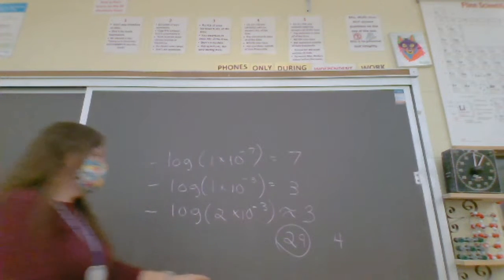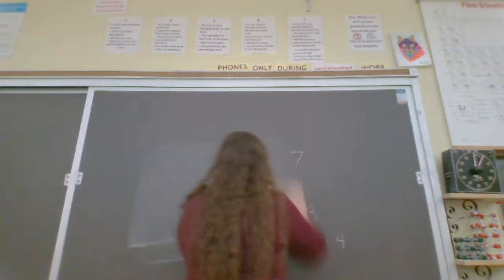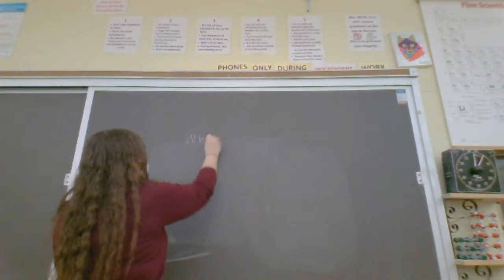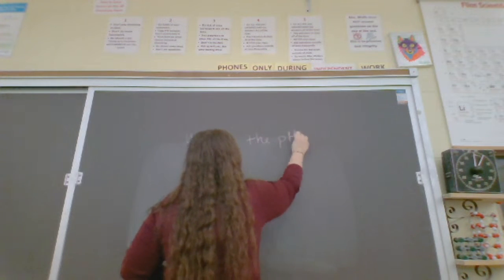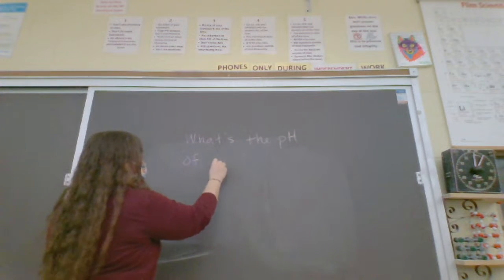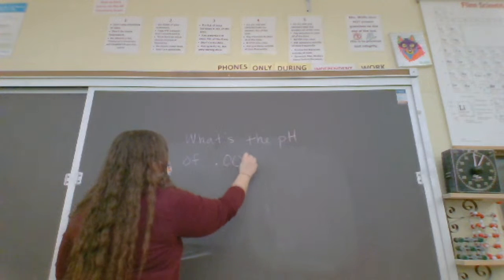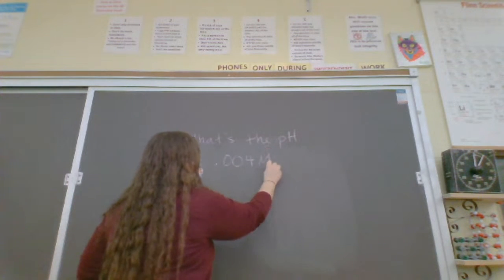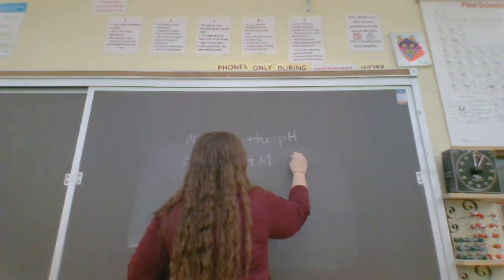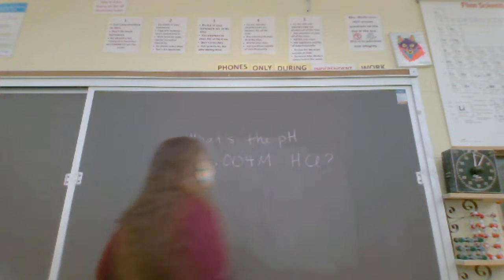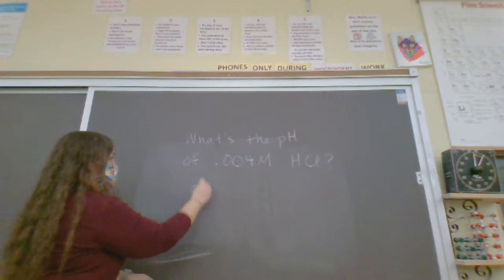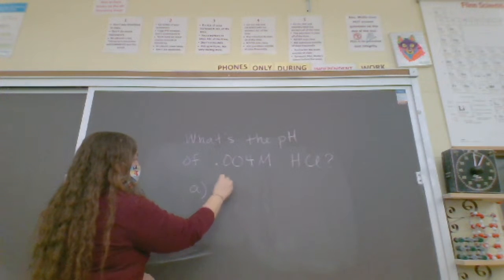So on the AP exam, or on the test, I can do this on the test. I'm going to say, what's the pH of 0.004 molar HCl? Is it 4?